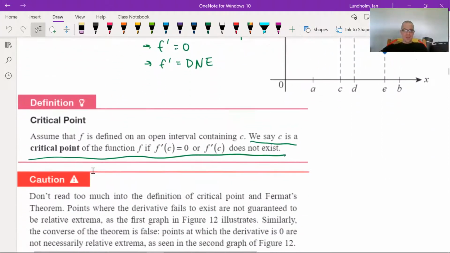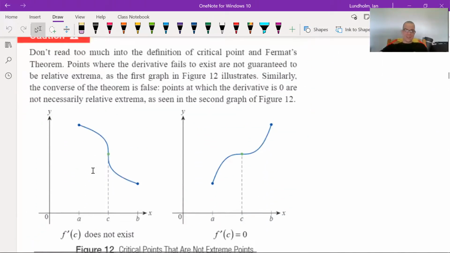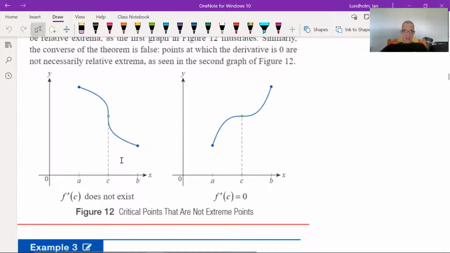Okay, let's keep going. One little point of caution is that Fermat's theorem doesn't say the opposite of what it says. So even if the derivative doesn't exist, it doesn't mean that you're going to be at a maximum or a minimum. It just means that you should test to see whether it's a maximum or minimum.